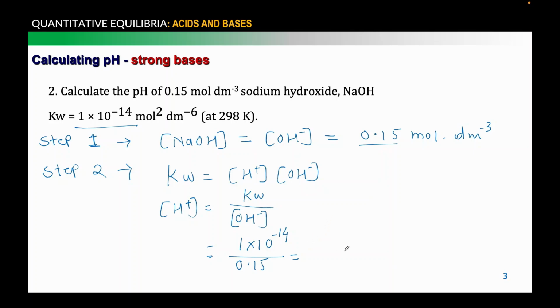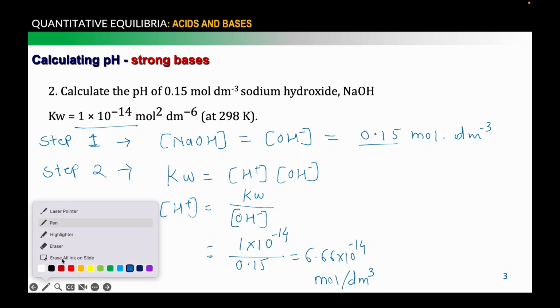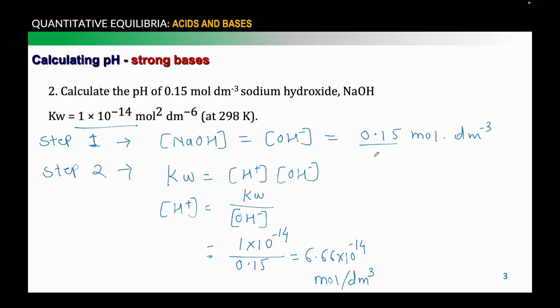So this is equal to 6.66. Directly in calculator you will get this value. Unit is mole per dm cube. After getting H plus, your step 3 is to calculate pH.